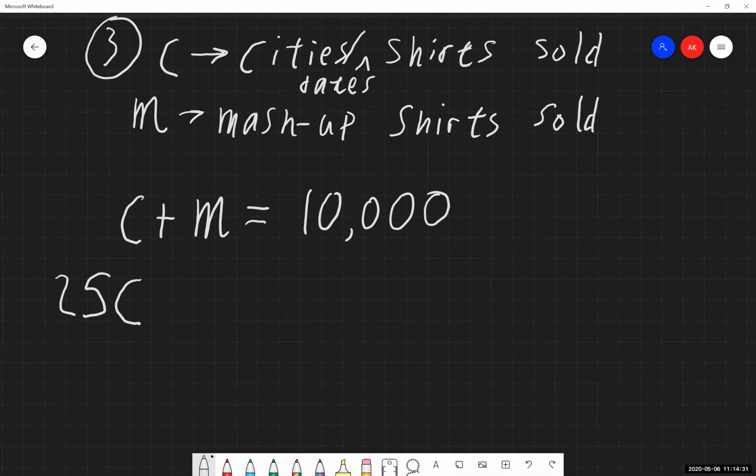If I combine that with the amount of money I would make from the mashup shirts, which is going to be written as 40 times M, again, M represents the number of mashup shirts that were sold, and they were selling for $40 each. If I combine the money made off of the cities and dates plus the money made off of the mashup, that total should equal $332,500.